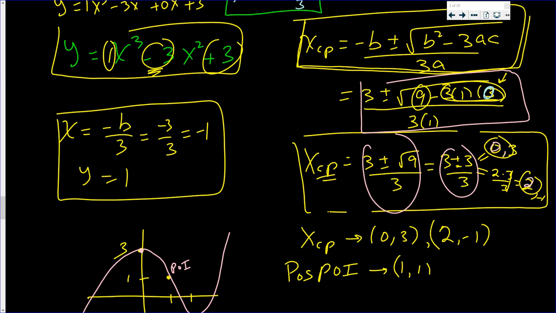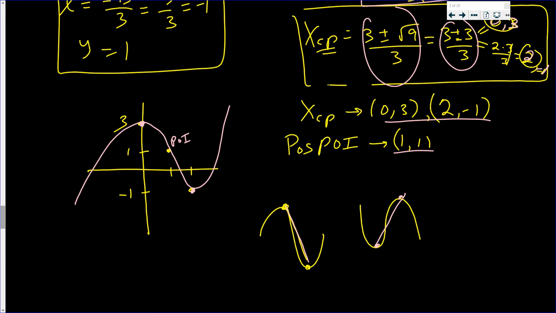I spent a moment to find the y values, and I graphed this. All I did was go to those 3 points. I graphed my cubic with 3 points: the 2 critical points and the point of inflection. It has to go like this. There's no way it can be this type.